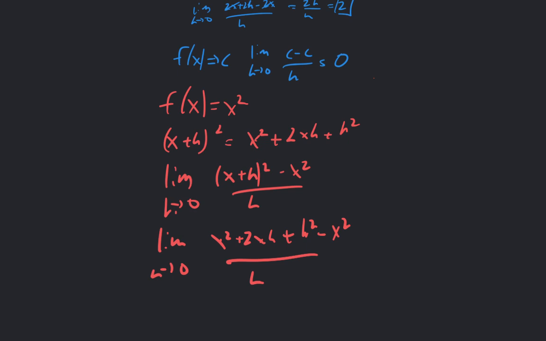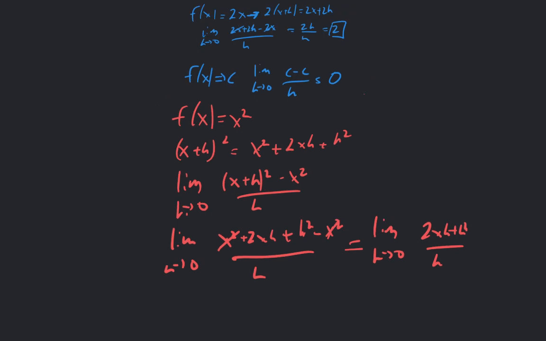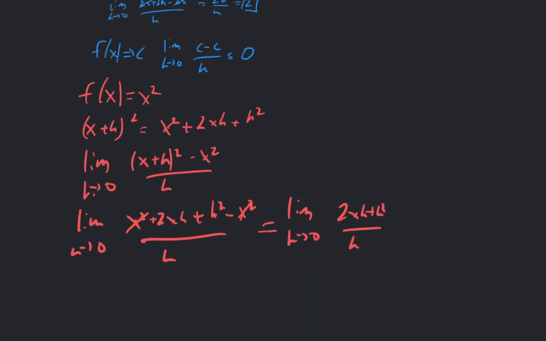You can cancel out the x squareds, and then we have the limit as h approaches 0 of 2xh plus h squared over h. We can divide out the h, and we're left with the limit as h approaches 0 of 2x plus h, but h goes to 0, so it's just 2x.